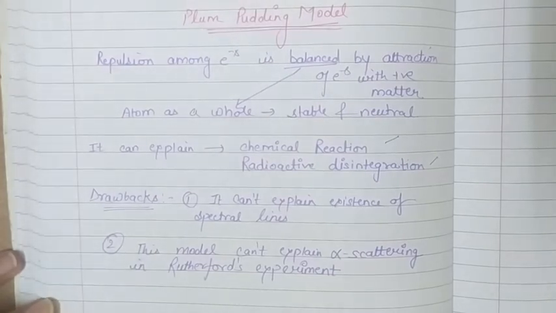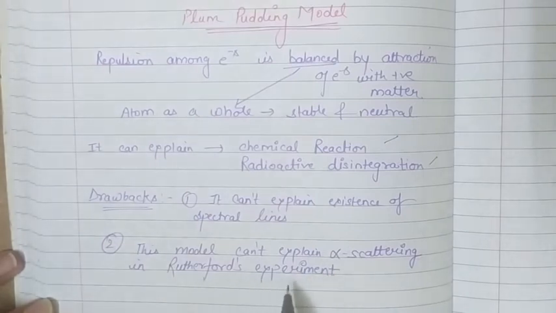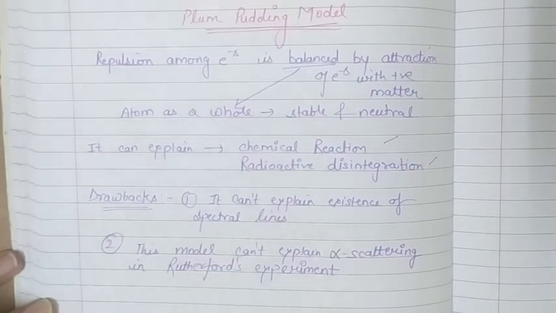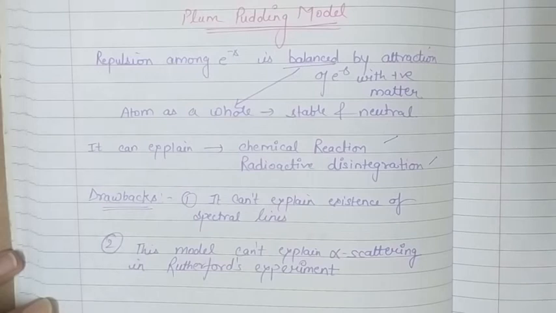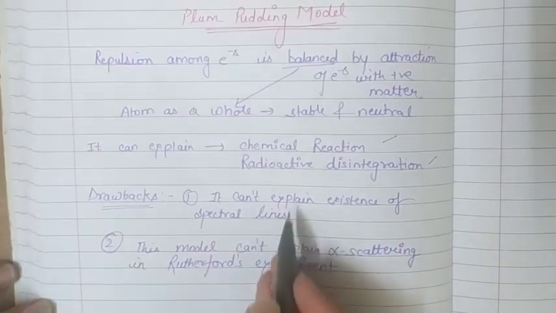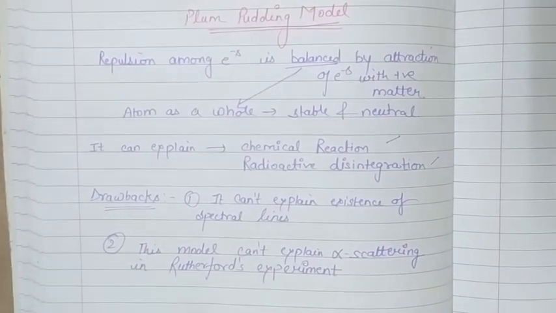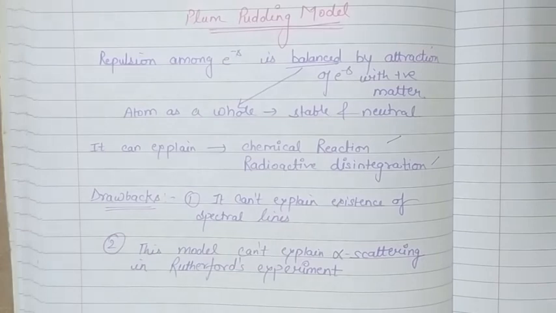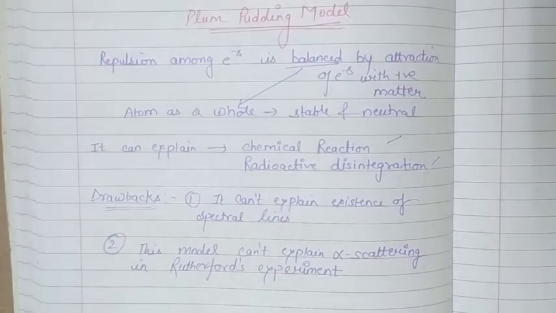In the Rutherford experiment we get large angle scattering of alpha particles, which was not explained by considering the atom as a sphere of positively charged matter with electrons embedded in it, or by following Thomson's model. Because of these drawbacks, this model was discarded later on, and after his alpha scattering experiment, Rutherford put forward a new model. We call it the Rutherford model of atom, which can explain this alpha scattering process also.